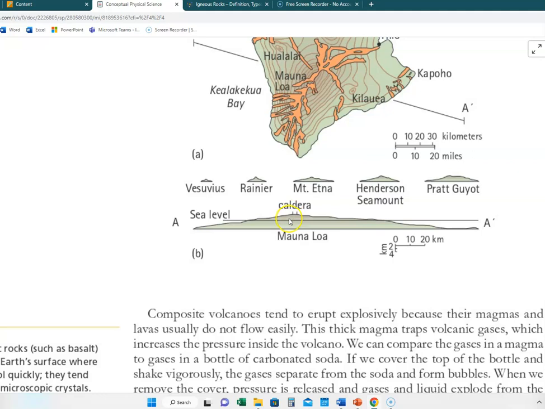I know that obviously Mount Everest is the highest, but as far as shield volcanoes go, this thing is gigantic. Look at it, a nice gradual rise and this huge base. All right, so let's move on.